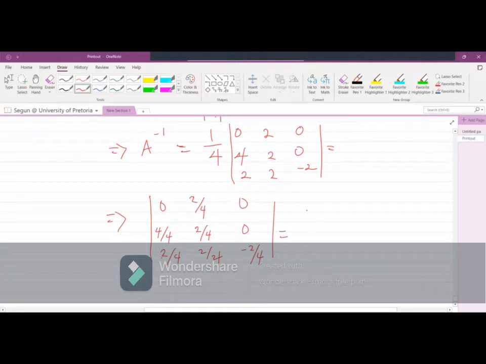At the end of the day, the inverse will be 0, 1, 1 over 2; 1 over 2, 0, 1 over 2; 1 over 2, 1 over 2, minus 1 over 2. That is your A inverse.